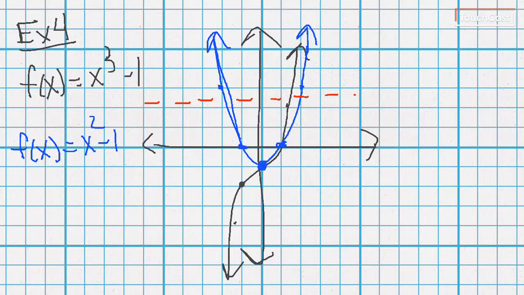So let's look at the gray or black graph. I see that my horizontal line only ever crosses at one point. So that means f of x equals x cubed minus 1 has an inverse.